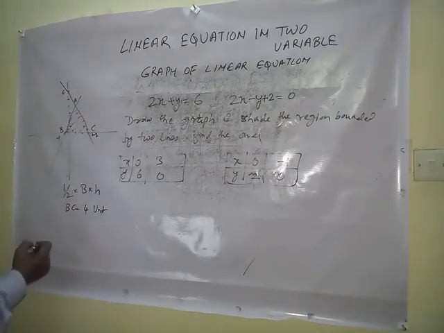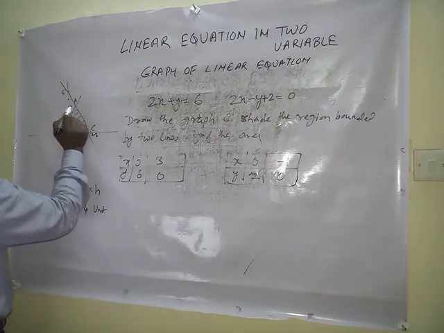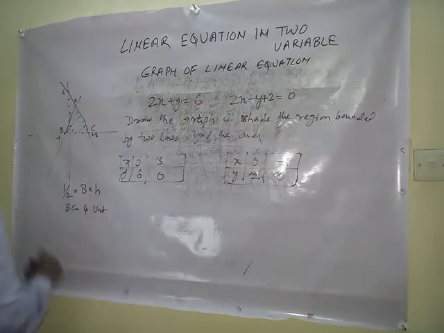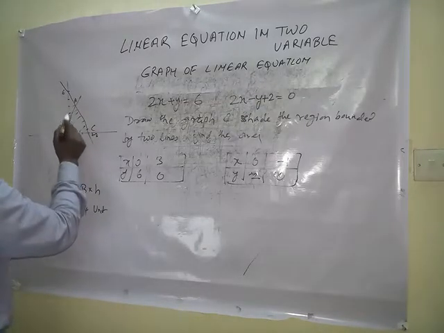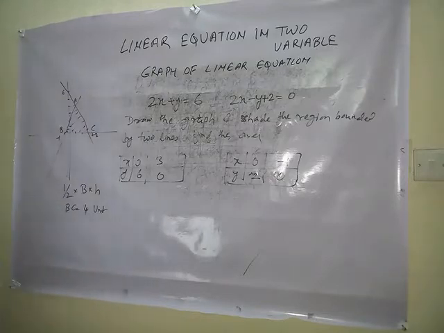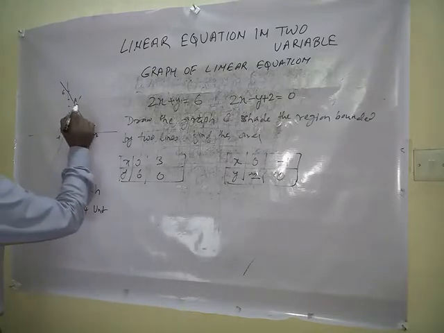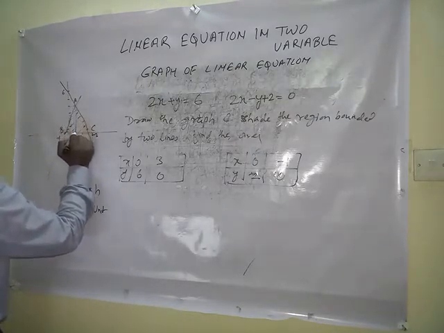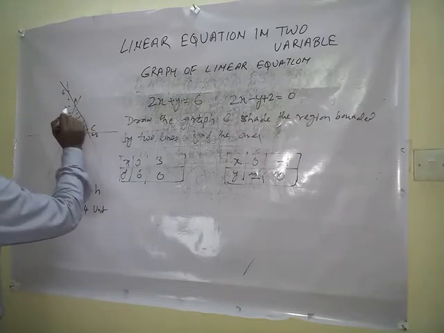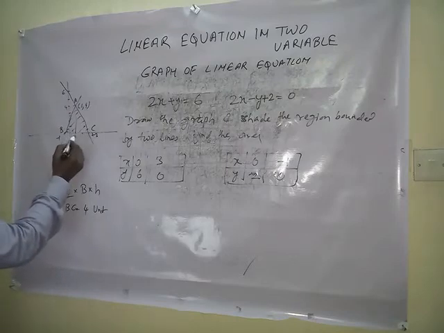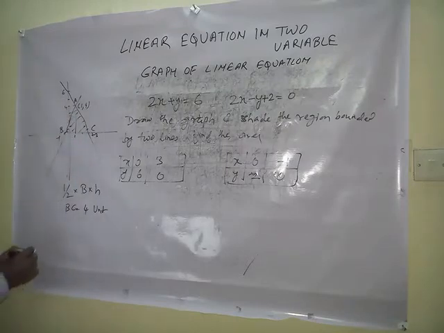Now find out the height. Here you will draw a line. You are seeing it is intersecting on point 4. So the coordinate for this, and here it is intersecting on point 1 and 4, so the coordinate for this is 1, 4. X is 1 and y is 4.